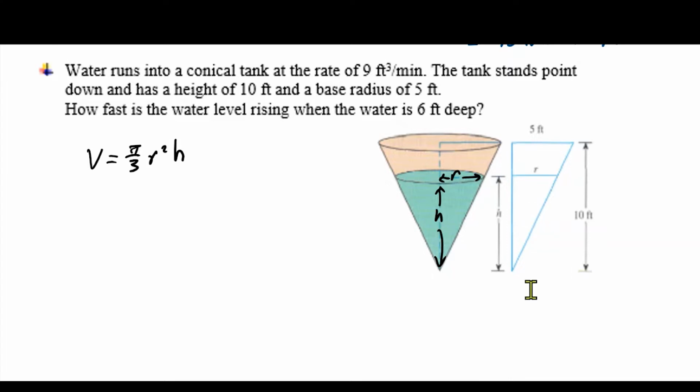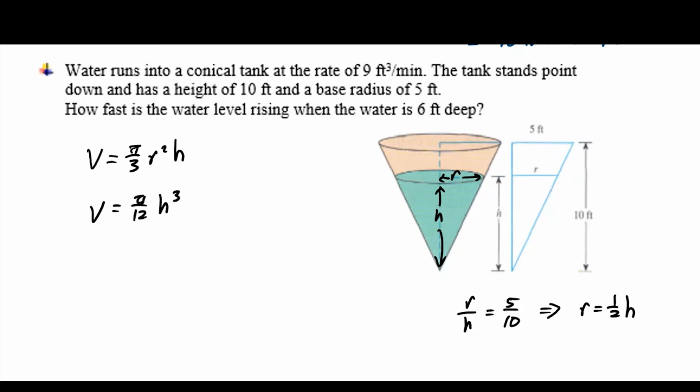Yeah, sure there is right here. See that? You see the similar triangles? So we have R to H is equal to 5 to 10, isn't it? And that gives you R is equal to 1/2 H. Oh, that'll make our problem so much easier. Now we shove it in here, okay? So our volume will be pi over 12 H cubed. Too much algebra?